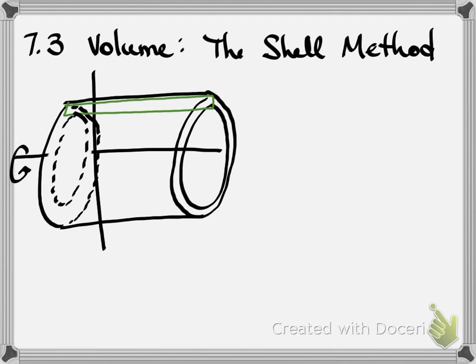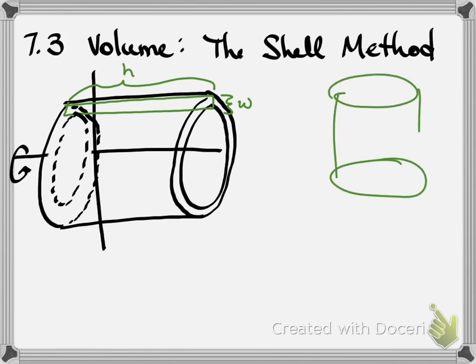It might help if you looked at page 457. So it would just be a shell. The inside is empty. And so we would have W to be the width of the rectangle. And then the height of the rectangle would be this. Remember, if we set the cylinder on its base, then that would be our height.